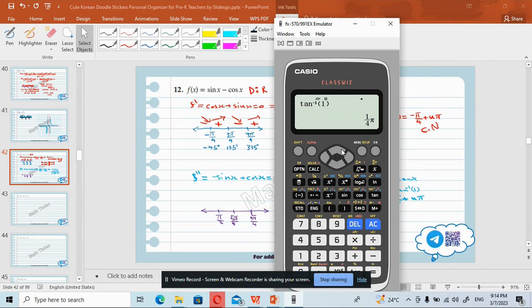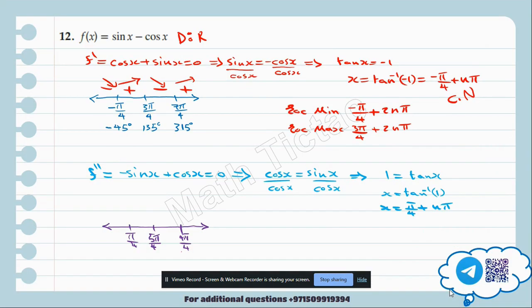So my function is, okay, the second derivative. Before doing that, let's convert these angles to degrees. I prefer actually calculating this in degrees.